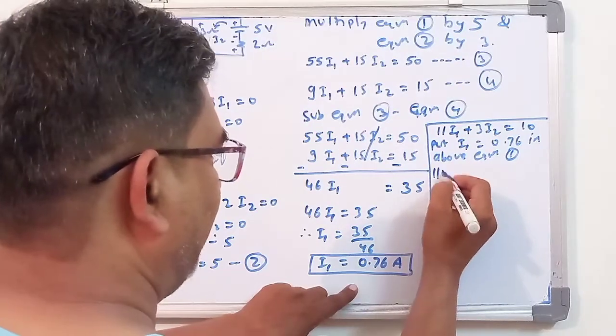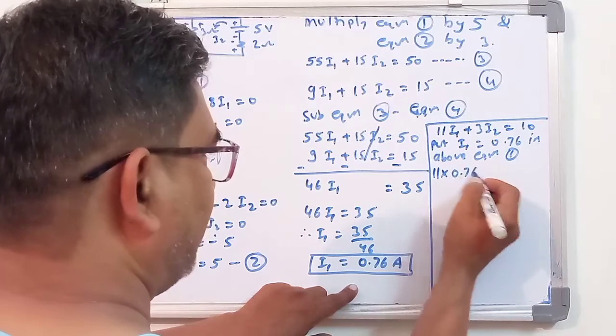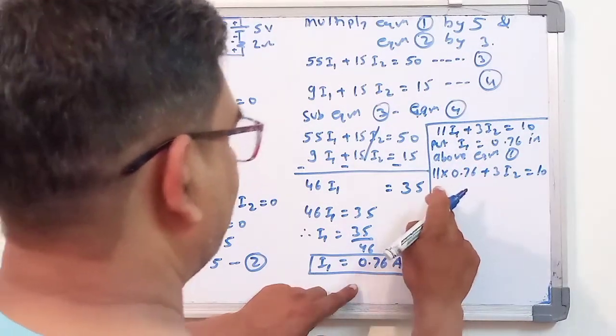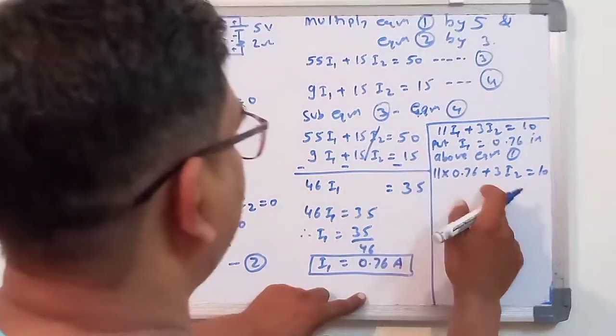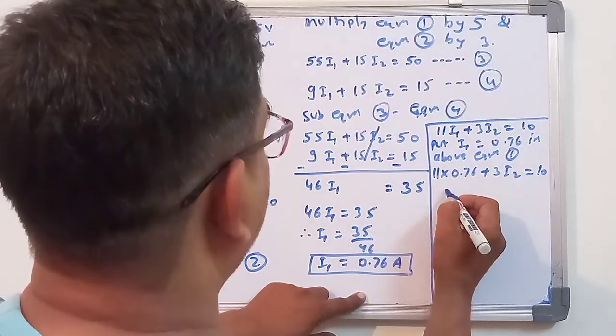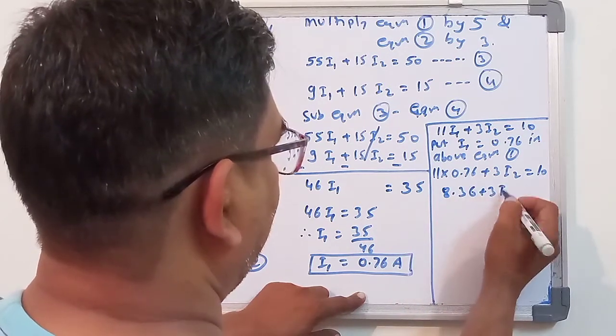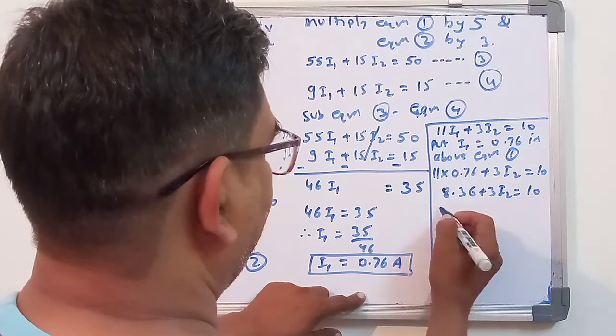So 11 multiplied by 0.76 plus 3 I2 is equal to 10. So 11 multiplied by 0.76, you will get 8.36 plus 3 I2 is equal to 10.